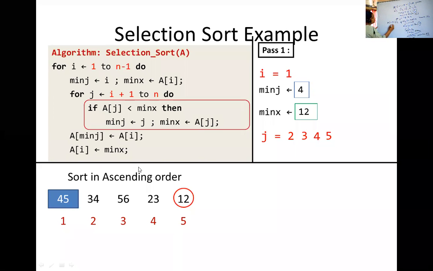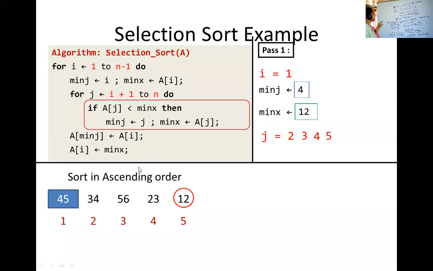Yes, so my min x would be 12, and I am going to swap this 12 with this 45. So this will become 12, 34, 56, 23, and 45. See how this is doing.